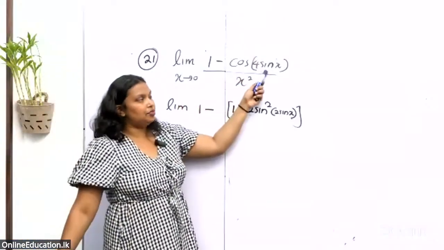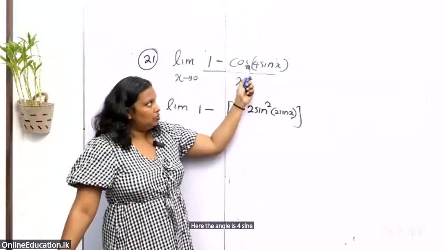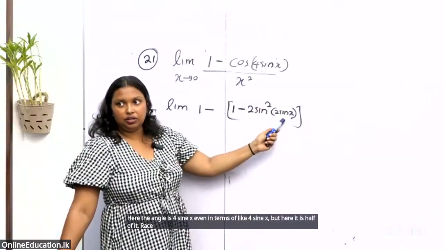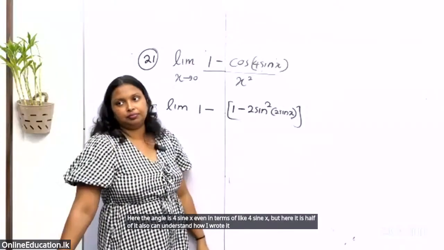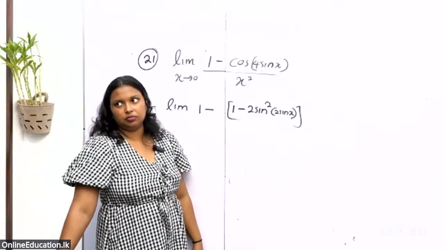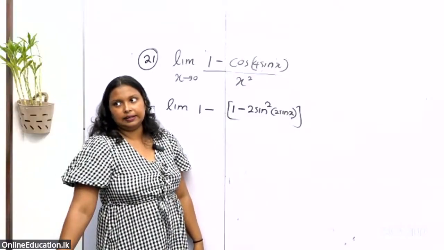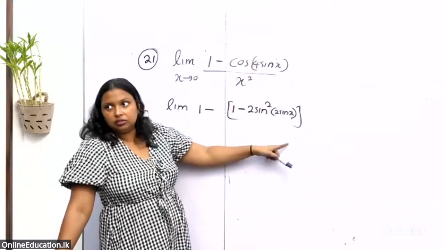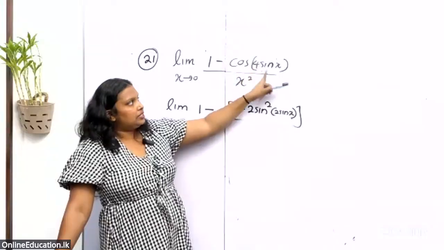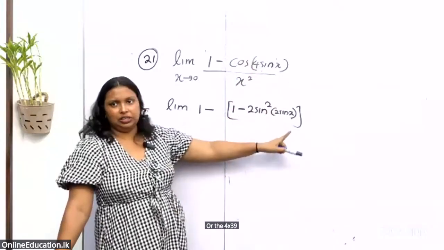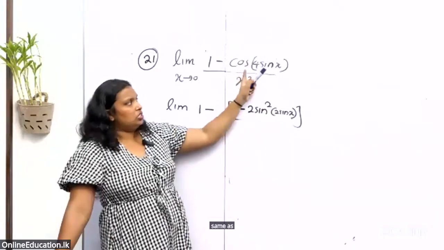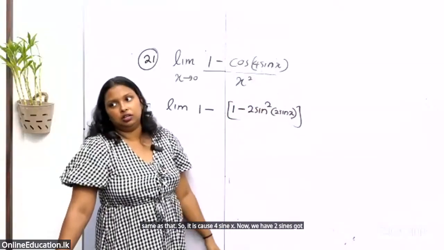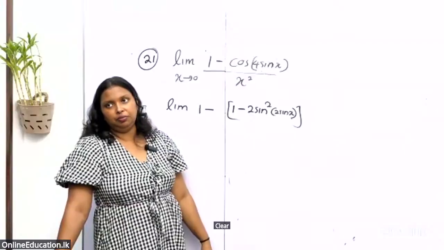Here the angle is 4 sin x, but here it is half of it. Raise hand those who can understand how I wrote it. Using half angle formulas.